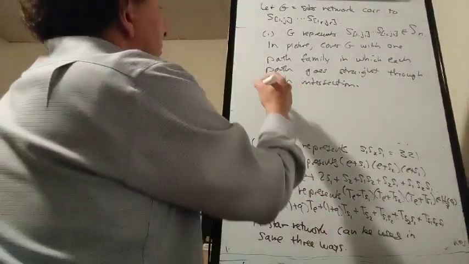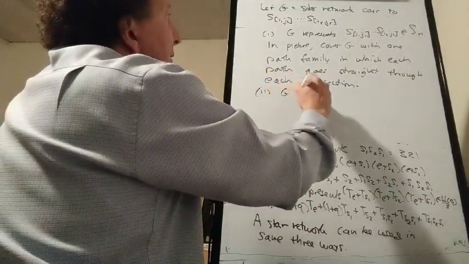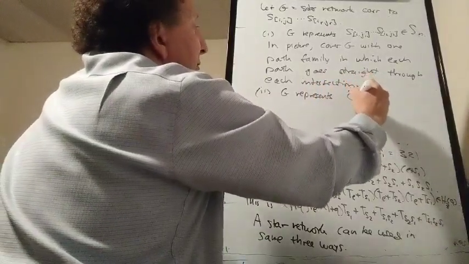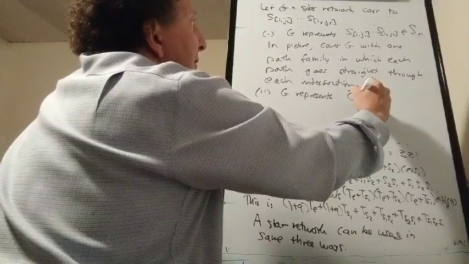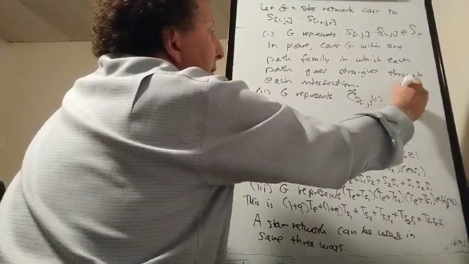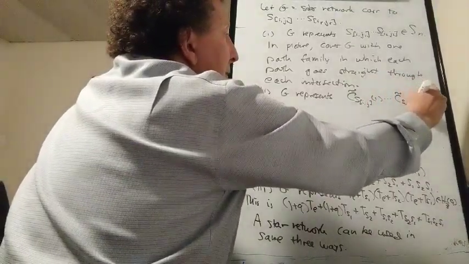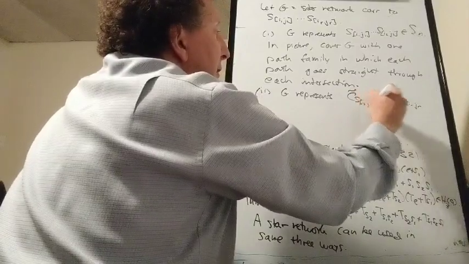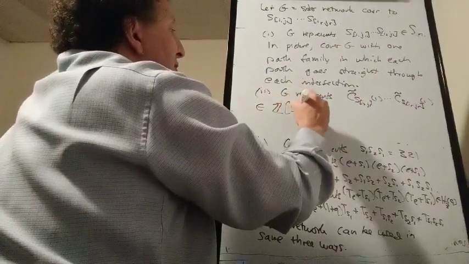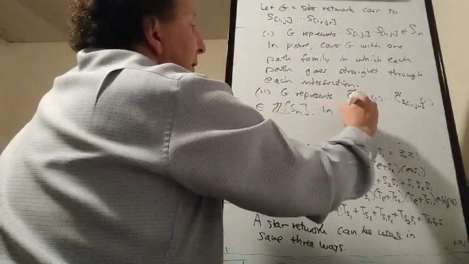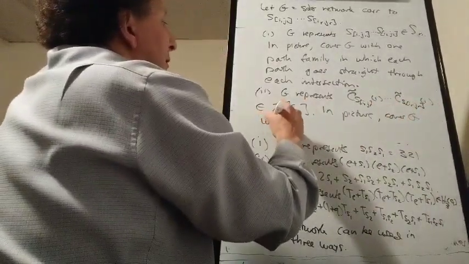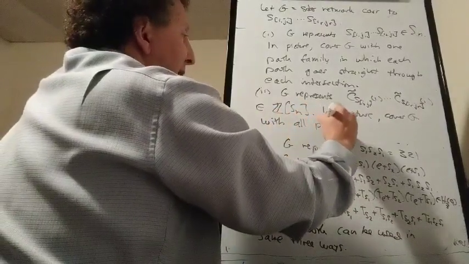And then the second way we can use it is G represents the product of Kazhdan-Lusztig basis elements indexed by reversals. This is I1J1, through IRJR, and that's an element of the group algebra. In the picture, we cover G with all possible path families.